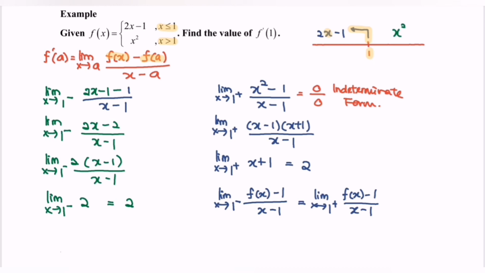So meaning that f(x) is differentiable at x equals 1. Or we can say f prime 1 is equal to 2. So here we are, and thanks for watching.